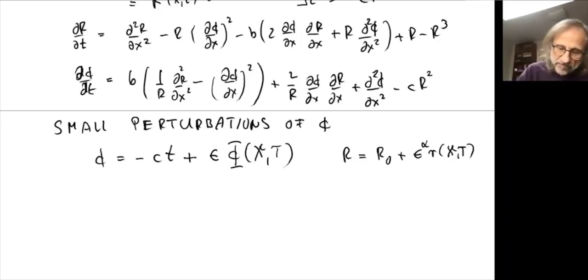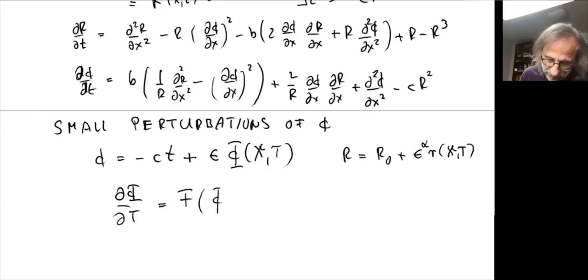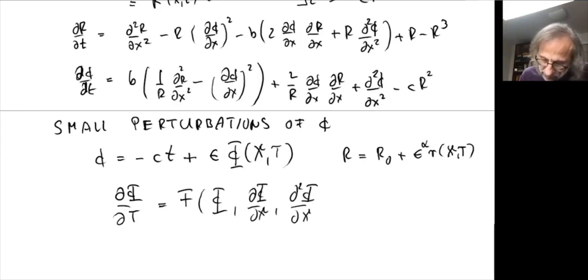And so if you have an evolution equation for this capital Φ, we expect an equation that looks like this, equals some function f. In principle, you would imagine it depends on the phase Φ, could depend on the gradient of Φ, could depend on the second derivative of Φ, and could do more, whatever.